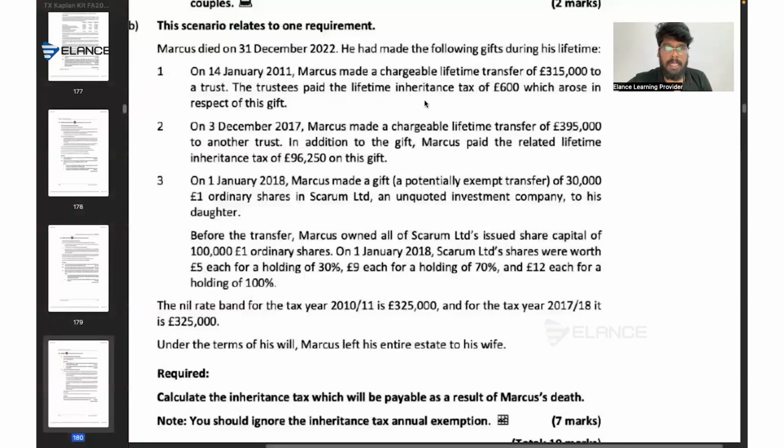The trustees paid the lifetime inheritance tax of 600 which arose in respect of this gift. So at the time of transfer some tax arose, and the trustees paid the tax.